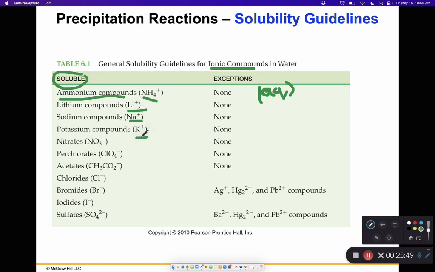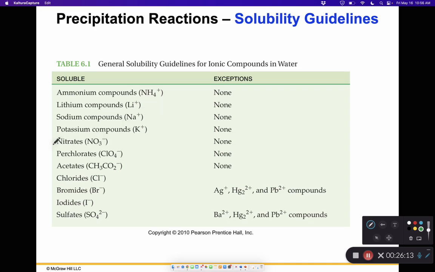Then all of the compounds, whatever they may be, if they have these cations, are always soluble. We do not have any exception for them. Right away you know that compound is soluble in water. You get that?